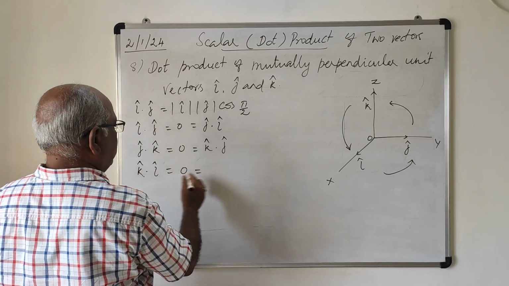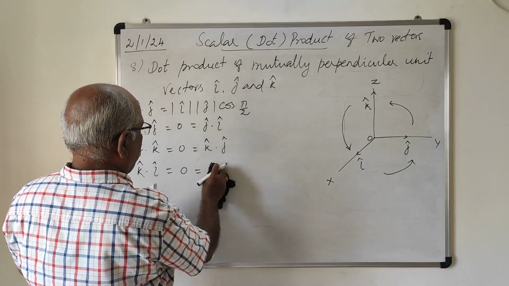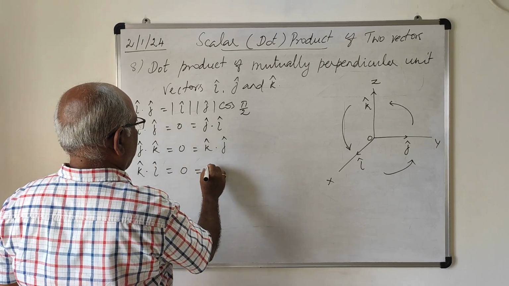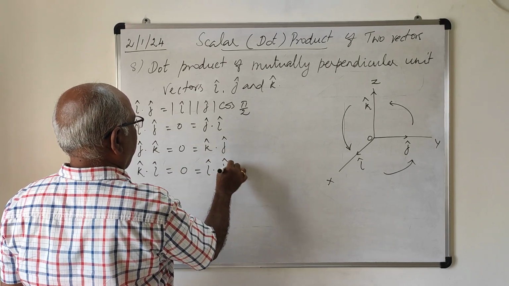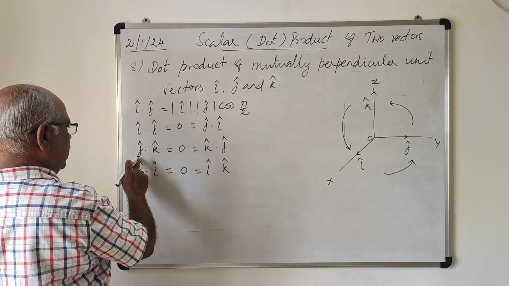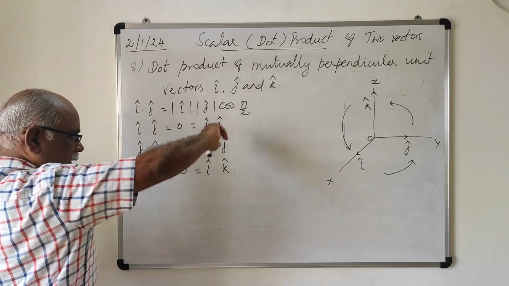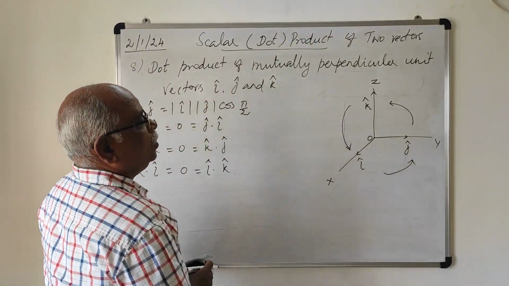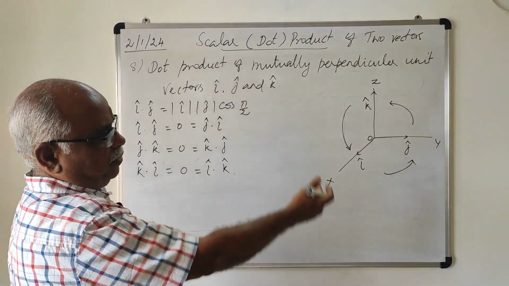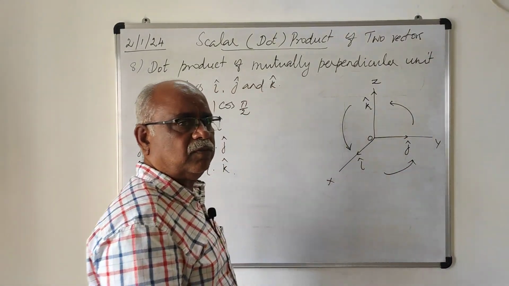K dot I, in reverse, I dot K is also 0. So I dot J, J dot I are 0; J dot K, K dot J are 0; K dot I, I dot K are 0. In the clockwise direction also, the dot product is 0 because they are also perpendicular. In the reverse direction, it's also perpendicular, cos of 90.